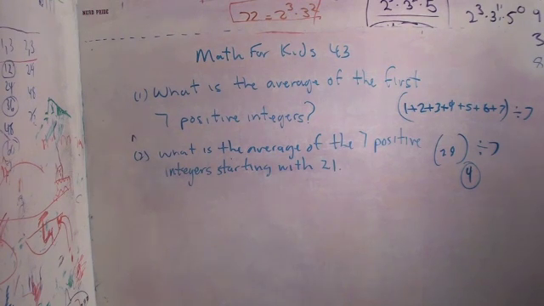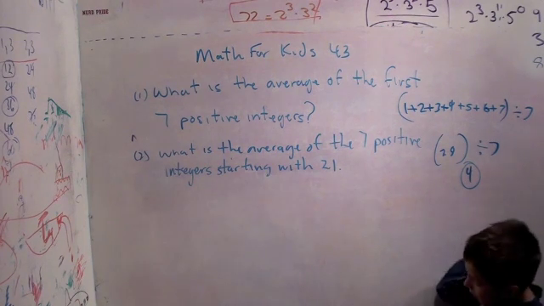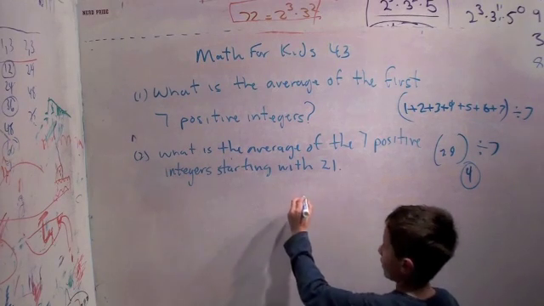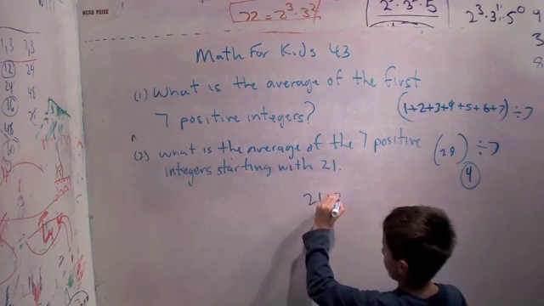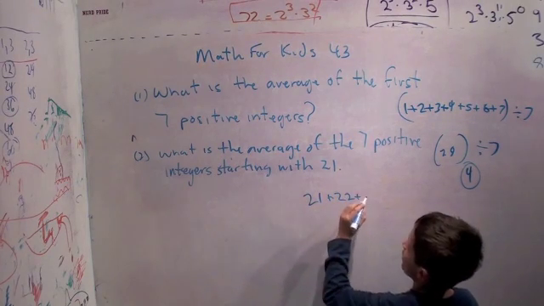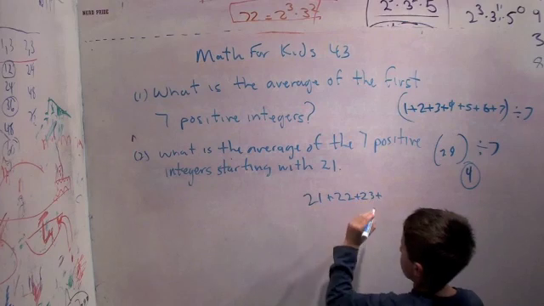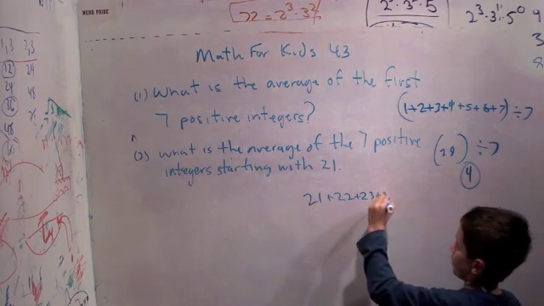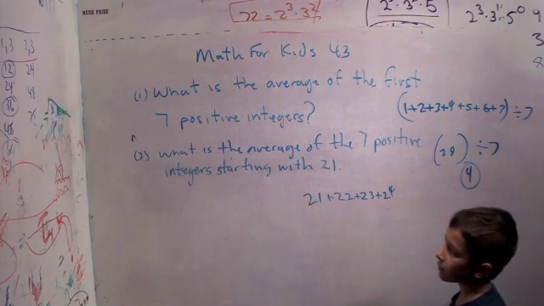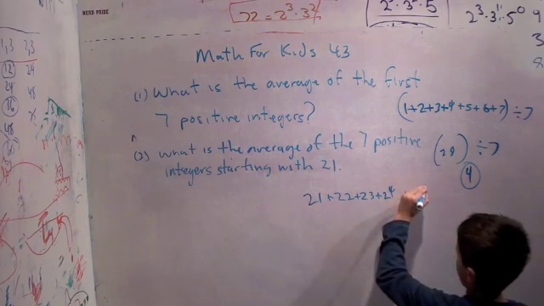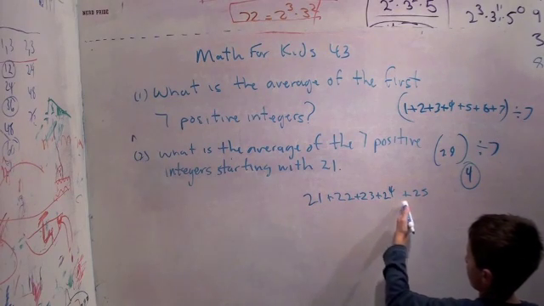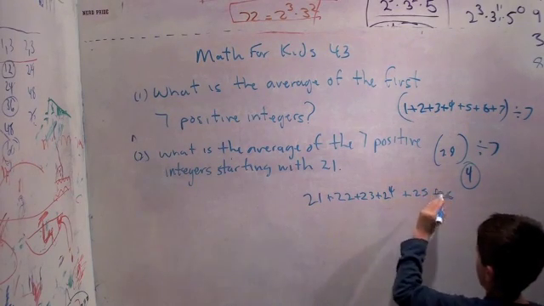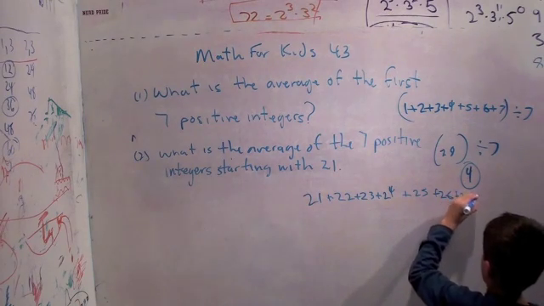Okay, next problem. What is the average of the 7 positive integers starting with 21? So our integers are 21 plus 22 plus 23 plus 24 plus 25 plus 26 plus 27.